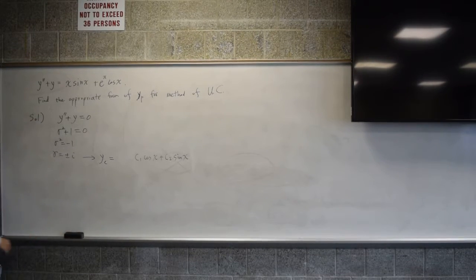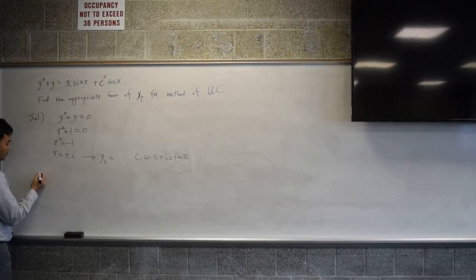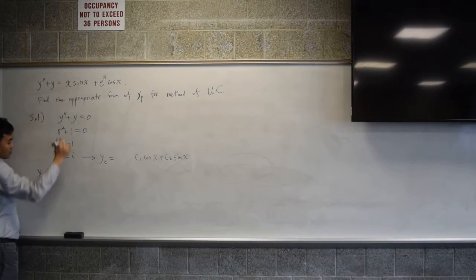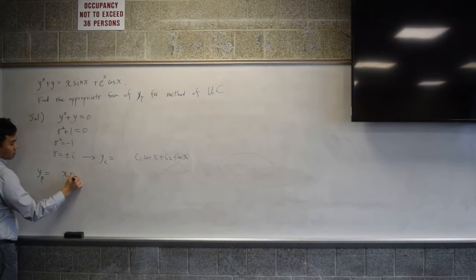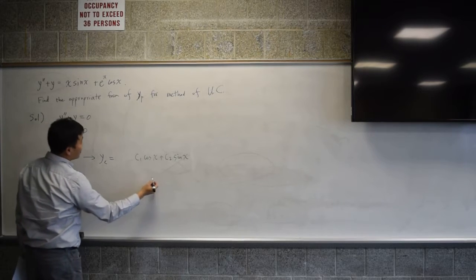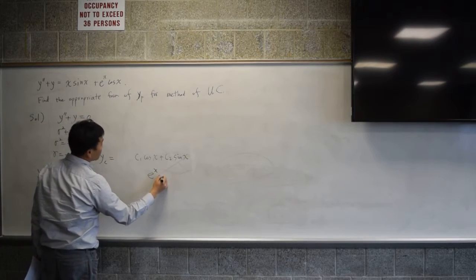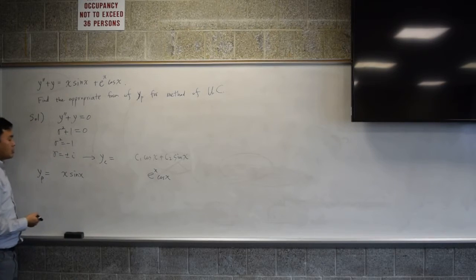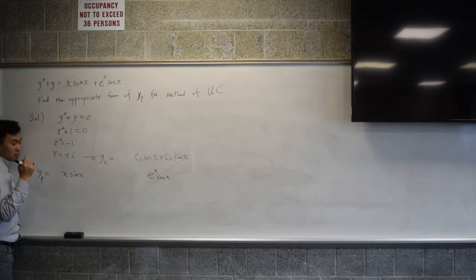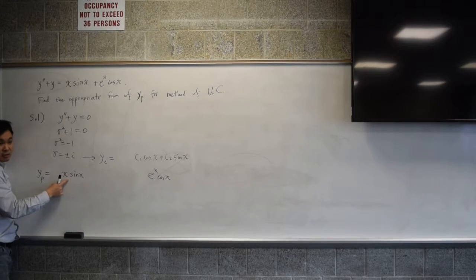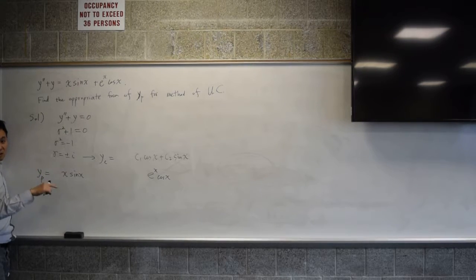All right, so that's the complementary. Now let's look for yp. All right, what do you put for yp? Well, you first list all these functions that you see on the right. But you have to also include all the functions produced by their derivatives, right? All the terms in the functions that are in the derivatives and the second and so on.